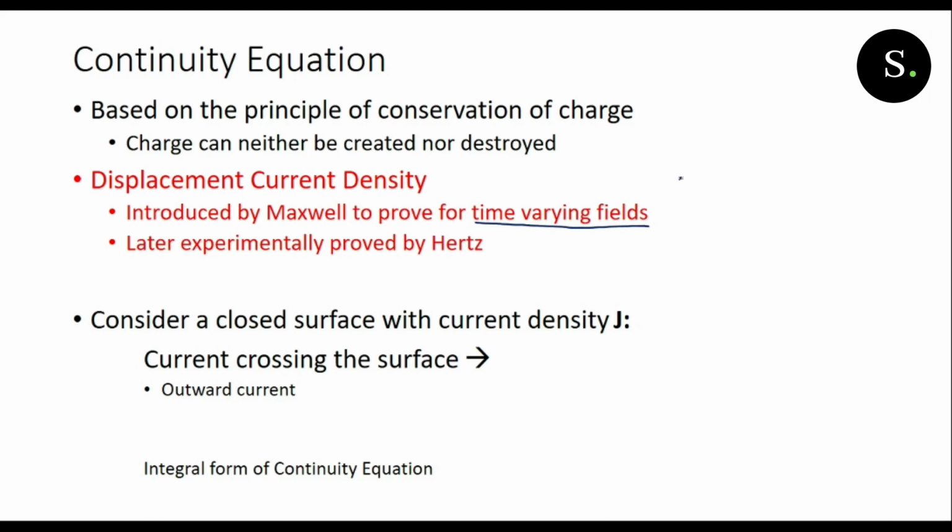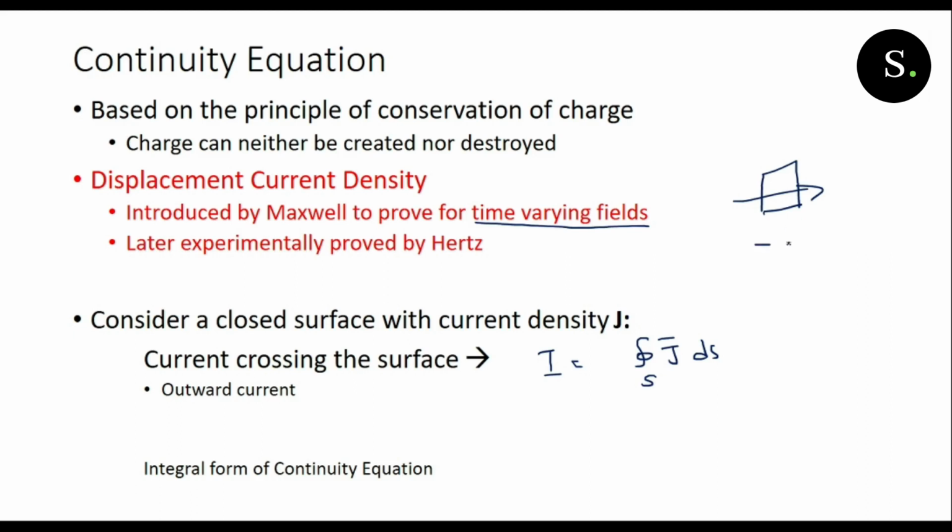To prove the current continuity equation, let us consider a closed surface with current density J. So the current crossing the surface, as per our definition, is going to be the closed surface integral of J. Now, assuming that the surface has current flowing outwards, the surface would be depleted of charge.